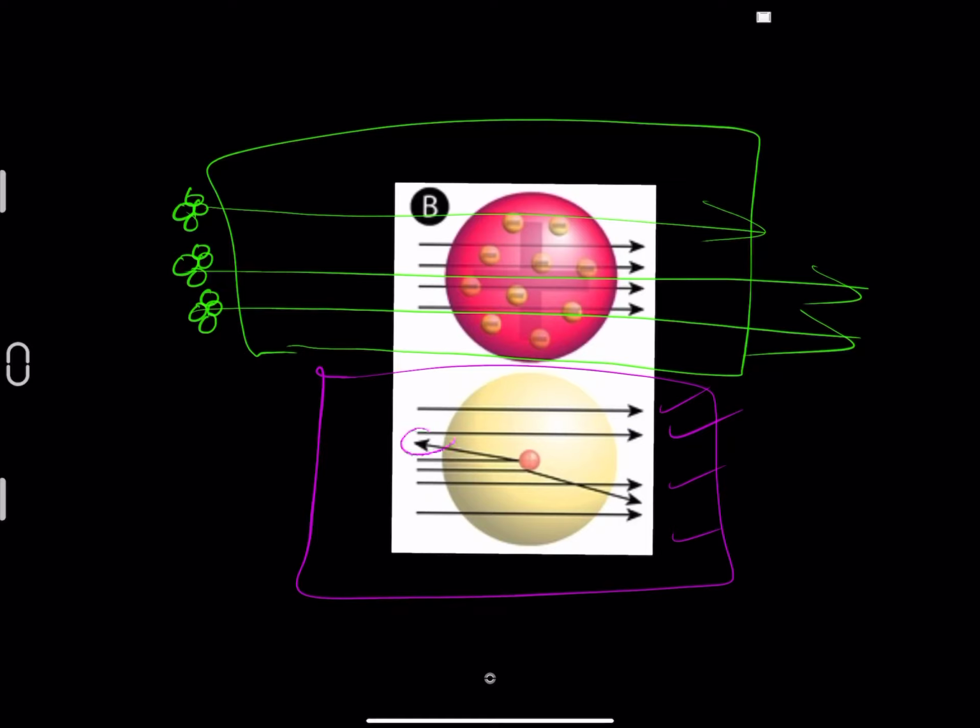However, these results here, where there is a deflection, a bending of the trajectory, or a complete deflection, this set alarm bells for the scientists who are conducting the experiment, because this shouldn't be occurring. This is indicating something else. And so this was the start of the concept of the nuclear model.